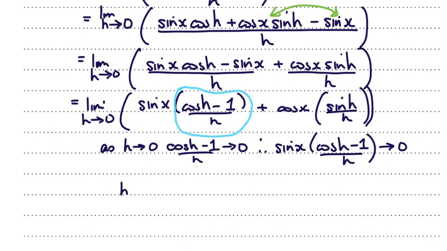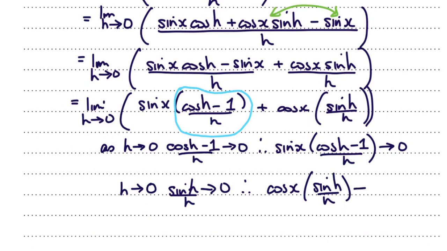And as h tends to 0, sine h over h tends to 1, therefore cos x times sine h over h will tend to cos x.